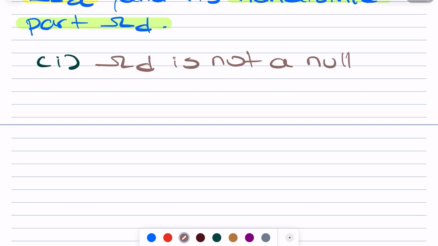The first case is that the non-atomic part is not a null set, and the second case is that omega G is a null set.